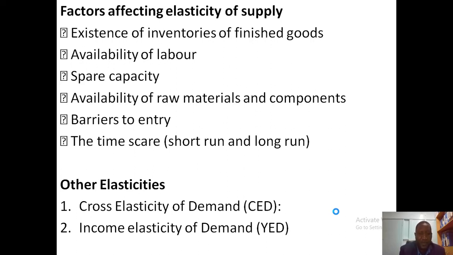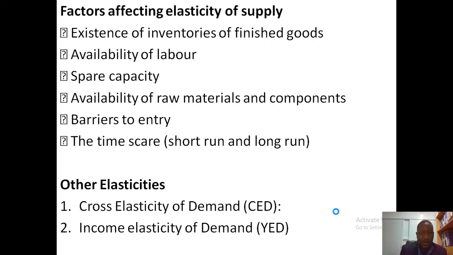So apart from the PED and PES, we also have other elasticities, such as the cross elasticity of demand. This is the responsiveness of demand for one good to changes in the price of another good. And the income elasticity of demand means the responsiveness of demand to changes in income levels.